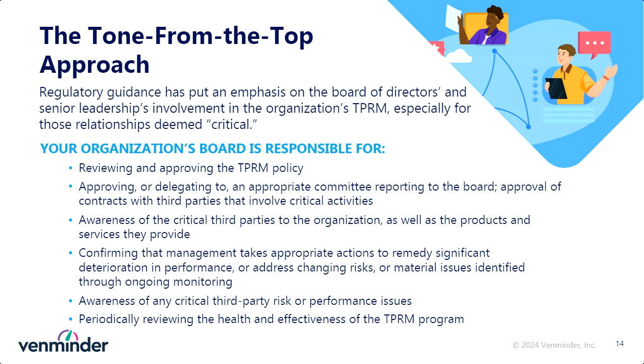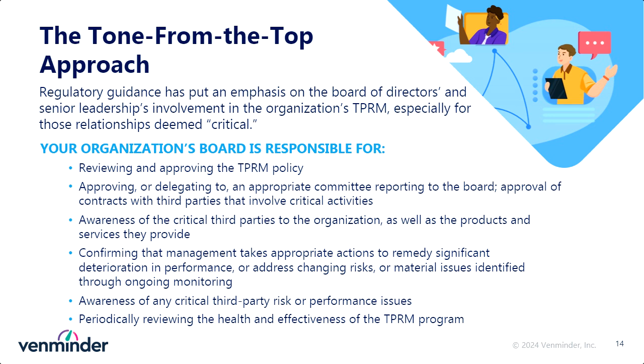You're also going to have them confirm that management takes appropriate actions or remedies any significant risk or deterioration of performance with any sort of vendors or material issues identified with vendors. And then they'll want to periodically see the reports so that they can review the health and effectiveness of the overall third-party risk management program for the organization that they're the board of directors on. So having that tone at the top is key, and having those reports are key so that the board can be effective in the decisions that they help empower and make.